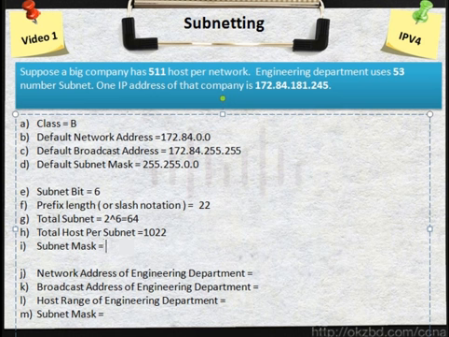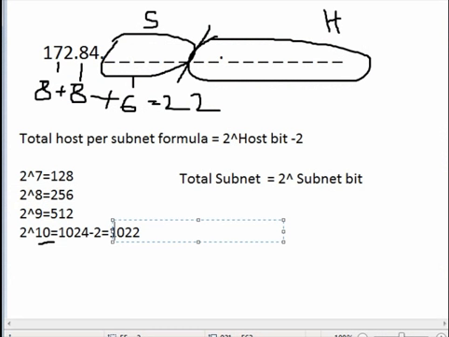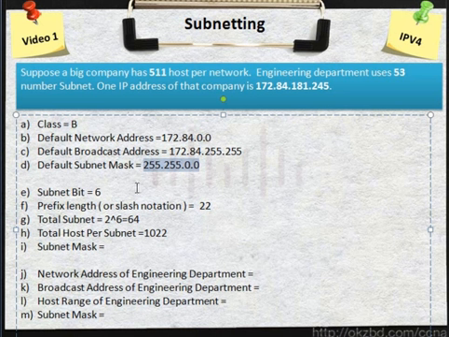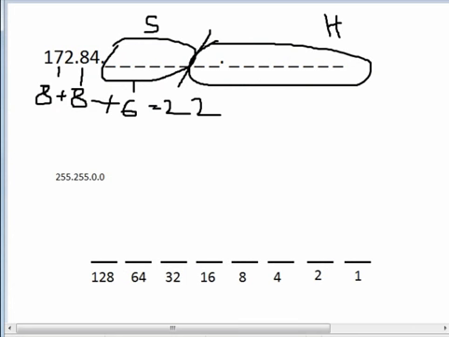Now here comes the subnet mask. Our default subnet mask was 255.255.0.0. The 22 means 255, 255. Now for the 6 bits, it is all 1s, 1, 1, 1, 1, 1, 1.